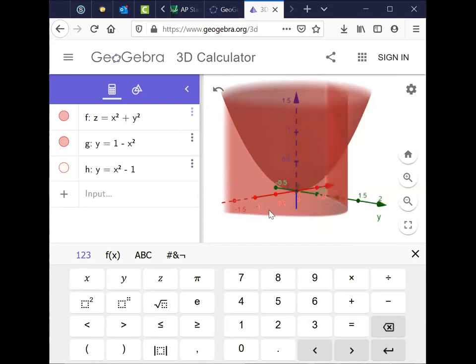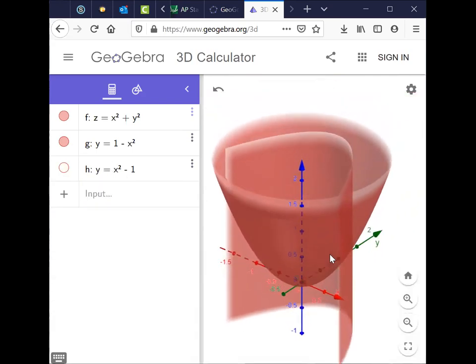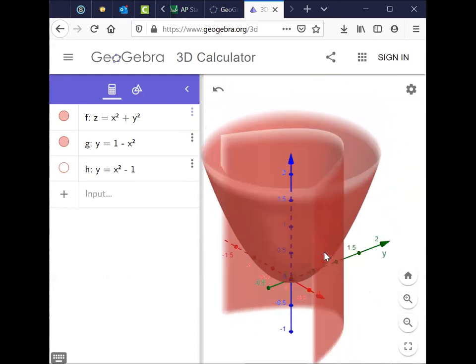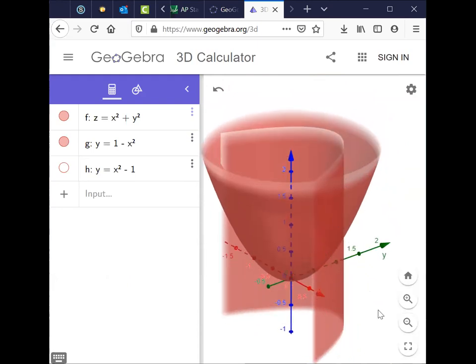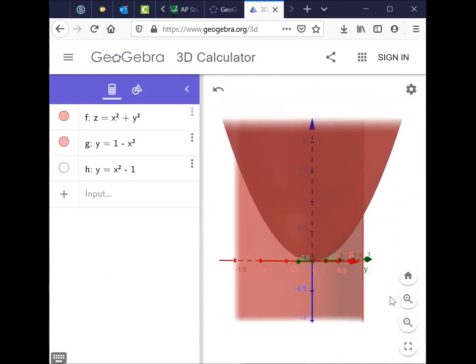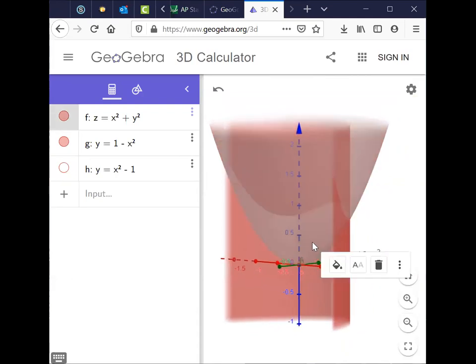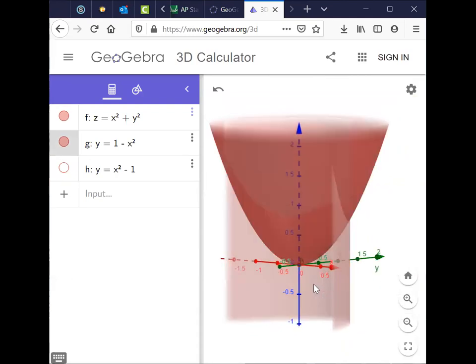All right, I'll turn this one off. If you're looking at this projection here, right up into the z axis, you can see that contained within this curve and this solid is some open space. That open space is the volume that we're looking for.